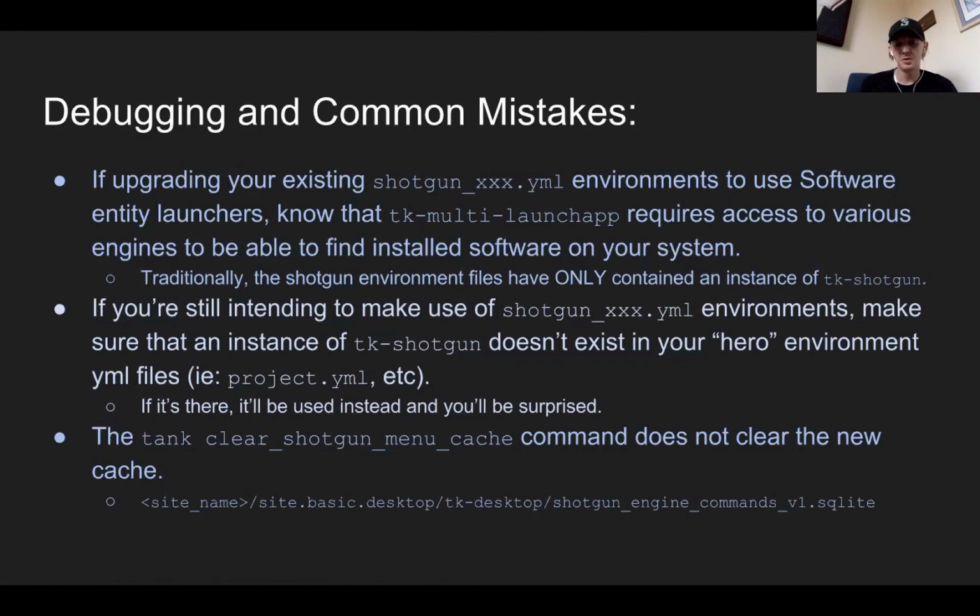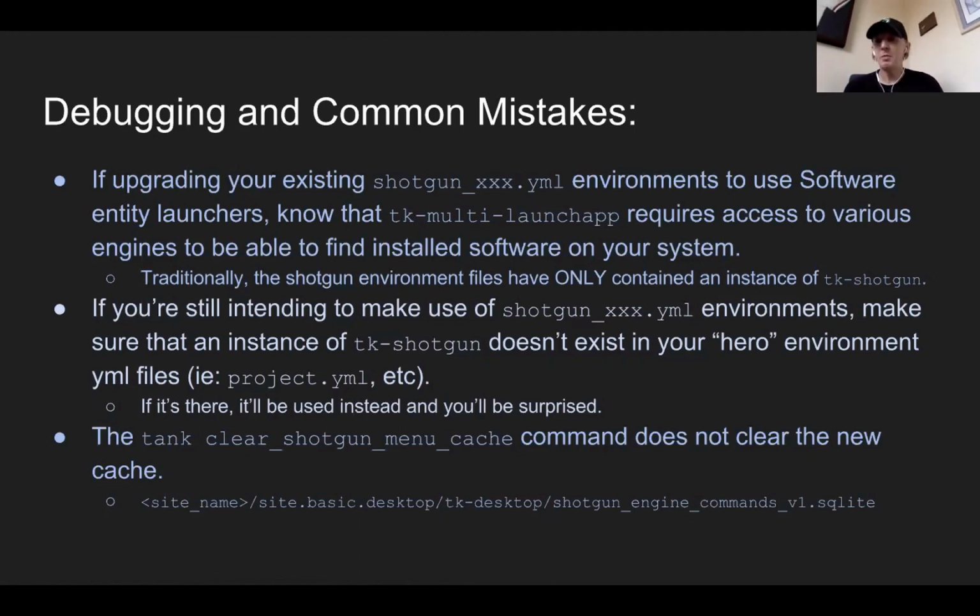It is local to the user's current host, meaning you're not going to affect more than just the person using that machine. And if the SQLite cache is deleted, all you have to do is refresh the page inside of Shotgun, show the menu again, and it'll be regenerated. You'll just have to take the hit of the complete cache miss, having to bootstrap, get all of the commands, and repopulate the cache.